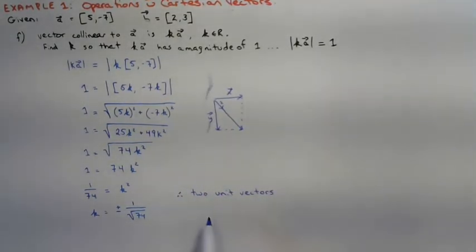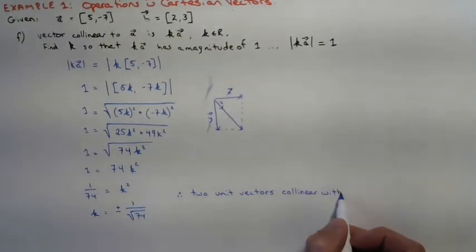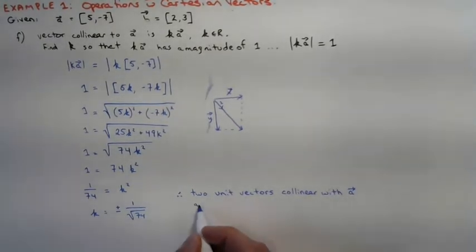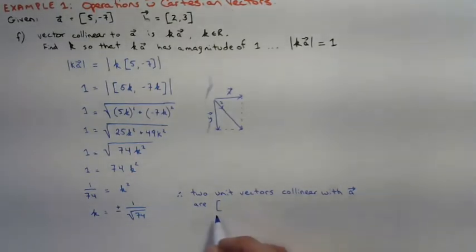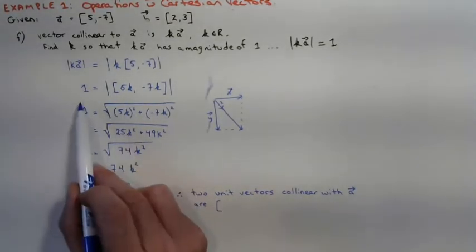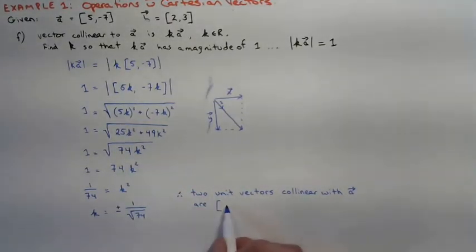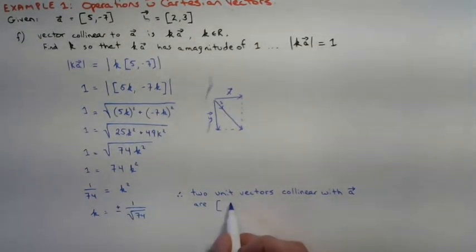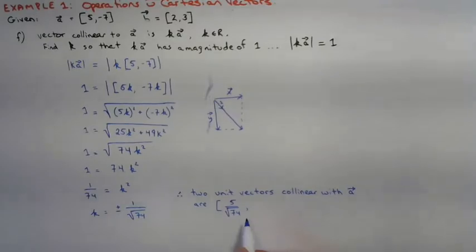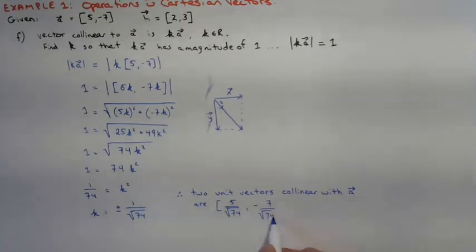We have 2 unit vectors collinear with A. Our first one is going to be 5k, right? Because here's our vector. So we're looking at the vector 5k. And positive, we're going to use the positive values first. 5 over radical 74, comma, negative 7 over radical 74.